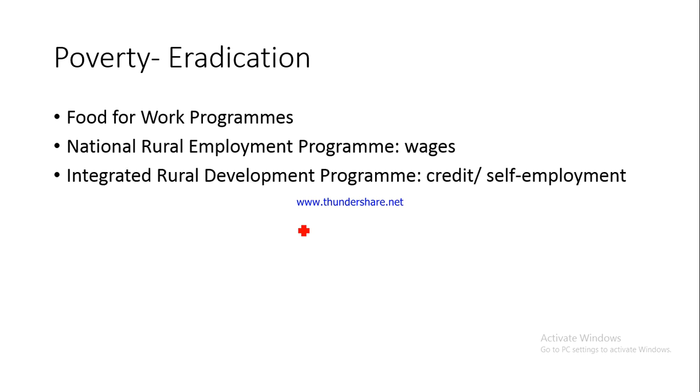Then this program was conceived, the Integrated Rural Development Program, IRDP, wherein credit was provided to people apart from training. Poor people were provided credit so that they could start their own businesses, set up their own enterprises, and be self-employed, because the government understood that it's just not possible for it to provide gainful job opportunities to all the people.